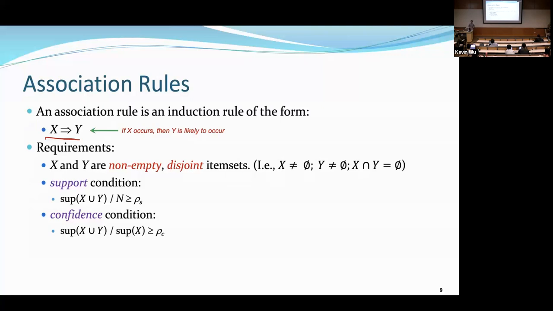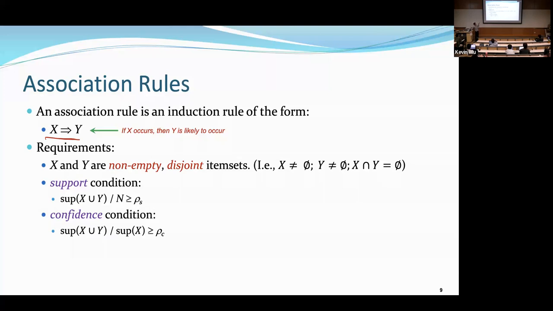An association rule has the following form: X implies Y, where X and Y are some item sets. The semantics is that if the items mentioned in the item set X occur in a transaction, then it is very likely that the items mentioned in the item set Y also occur in the same transaction. So that's the semantics of the association rule.